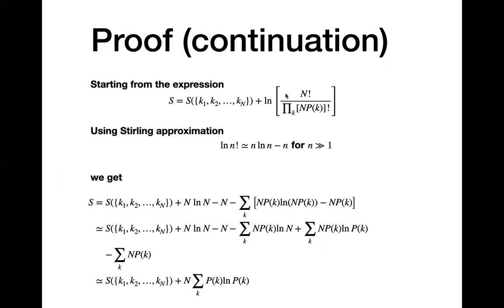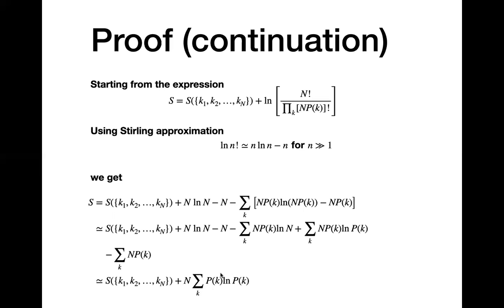And if you use a Stirling approximation for factorials that is valid for large n, then by doing this explicitly, you see that you can approximate the entropy of a network with a given degree distribution by the entropy of the network with any degree sequence corresponding to that degree distribution, plus a term that accounts for practically the entropy associated with the degree distribution itself.